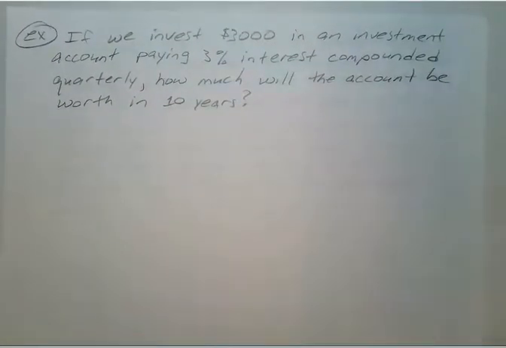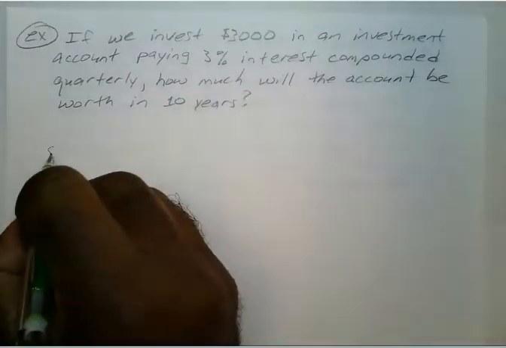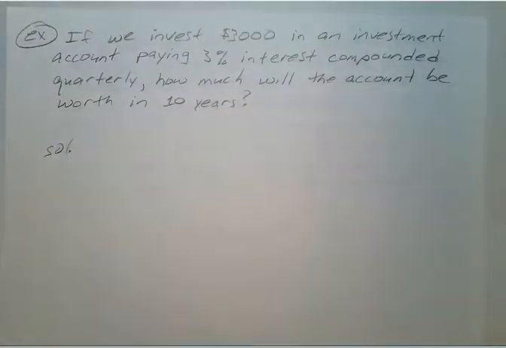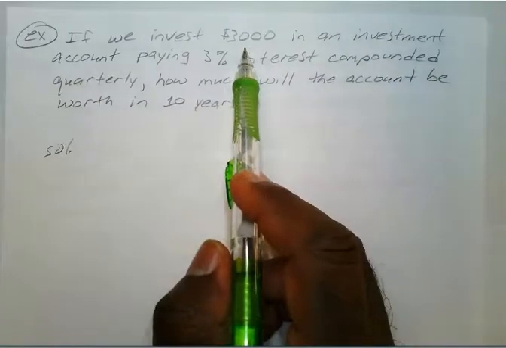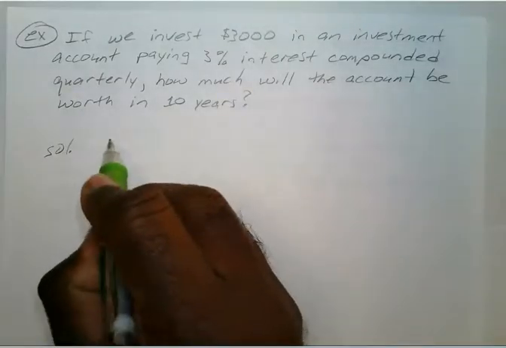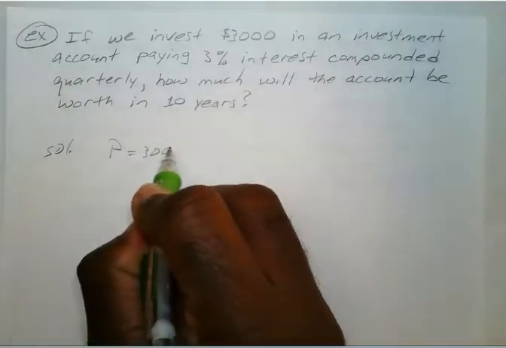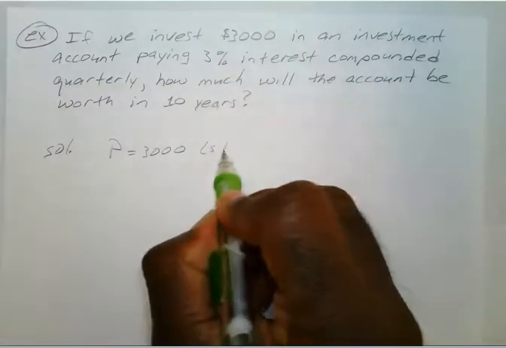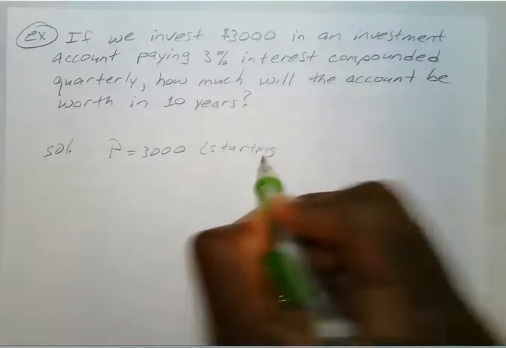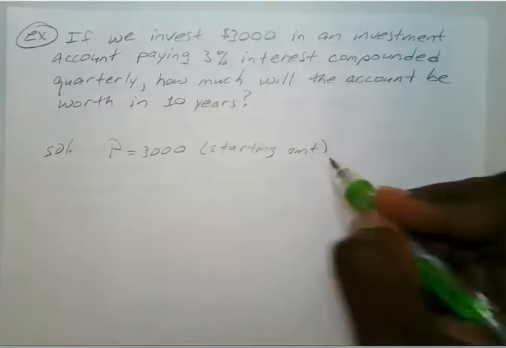So let's say we invest $3,000 in an investment account paying 3% interest compounded quarterly. How much will the account be worth in 10 years? All right, so our starting value is 3,000, so our P will equal 3,000, which is our starting amount.